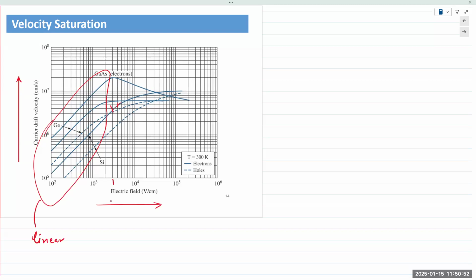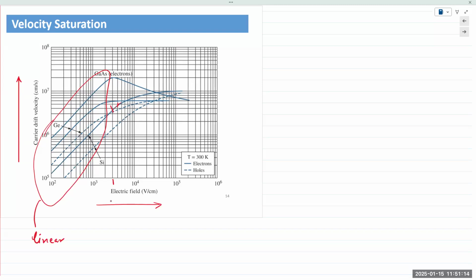It's no longer linear. What does it mean? Current is a result of charge carriers moving. If the movement slows down, then the response of the material slows down.